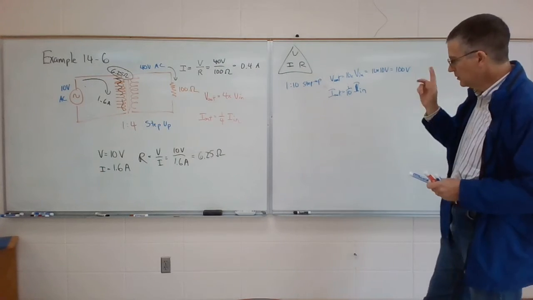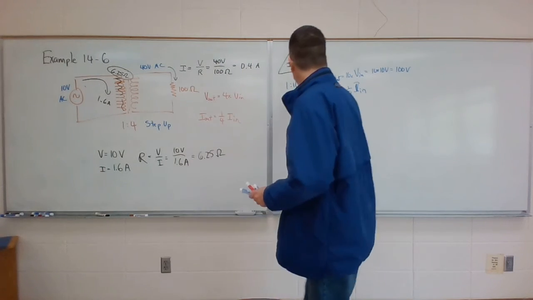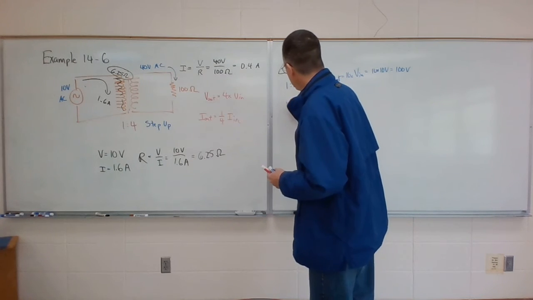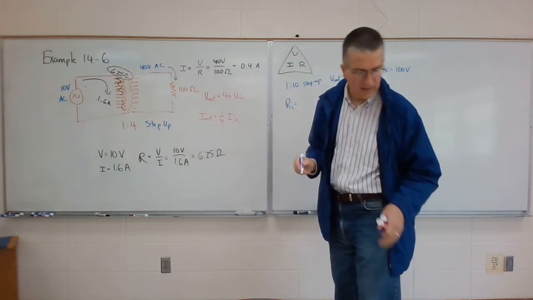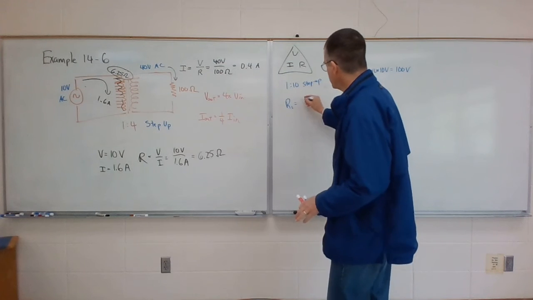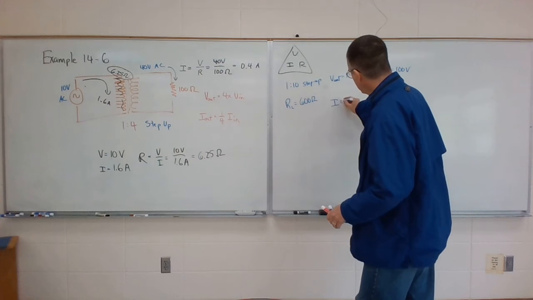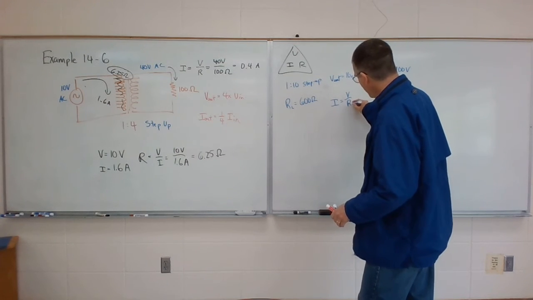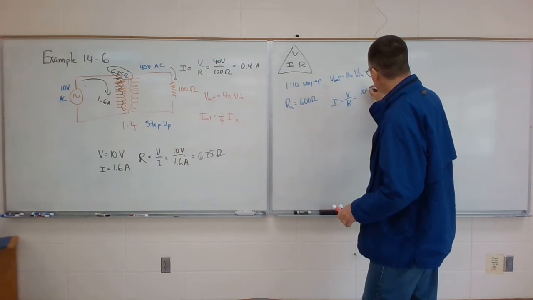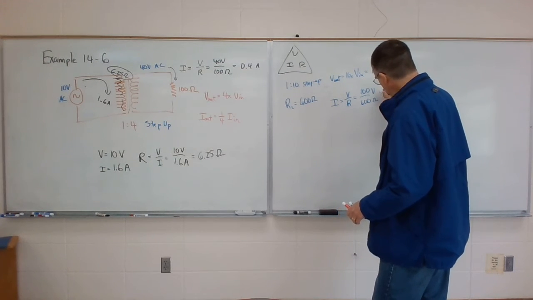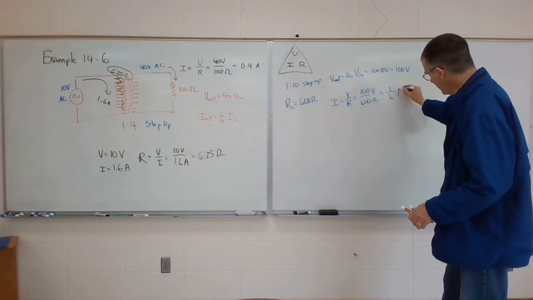But oops, sorry, I'm getting ahead of myself. So the load is 600 ohms. So the current is the voltage divided by the load. It's 100 volts divided by 600 ohms, which is 1/6 of an amp.